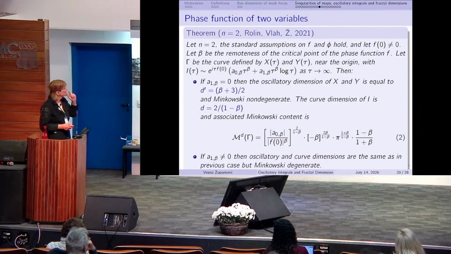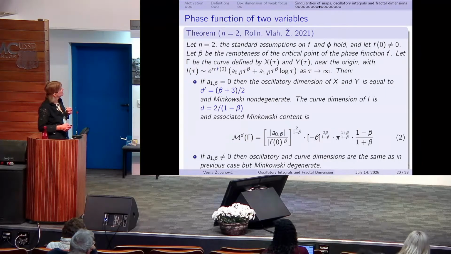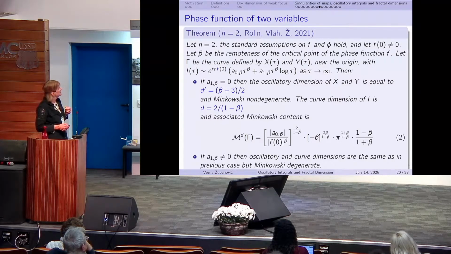So you saw from some slides that it is possible to have logarithmic terms, and this beta is the remoteness of the critical point. If it is 0 and no logarithmic terms, these are our values: oscillatory dimension and curve dimension.